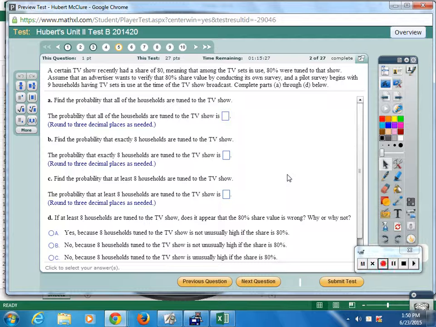Okay, so A. Find the probability that all the households, what would X be? 9. So that would be NPX, 9, 0.8, and 9. Somebody tell me what you get, 3 decimal places. 0.134.